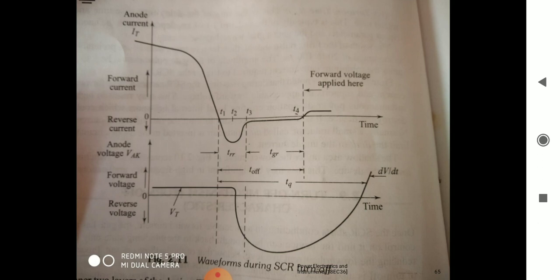That is from the VI characteristics that we studied. So what they are saying here is that once the SCR is on, the gate has no control to bring it back to off. So the gate we are using only for starting purposes in the case of SCR.